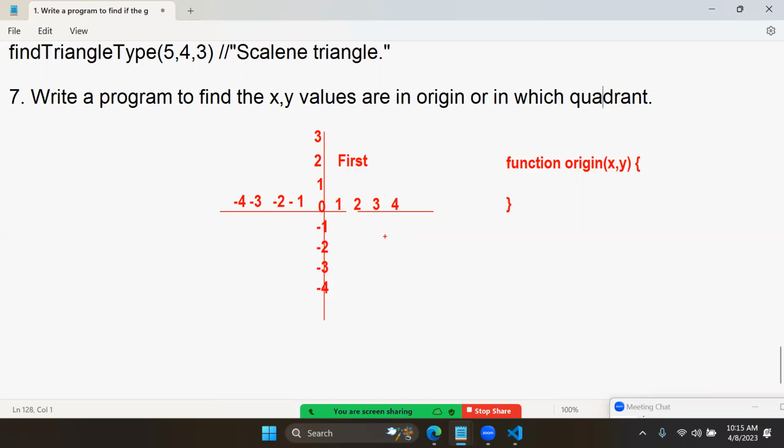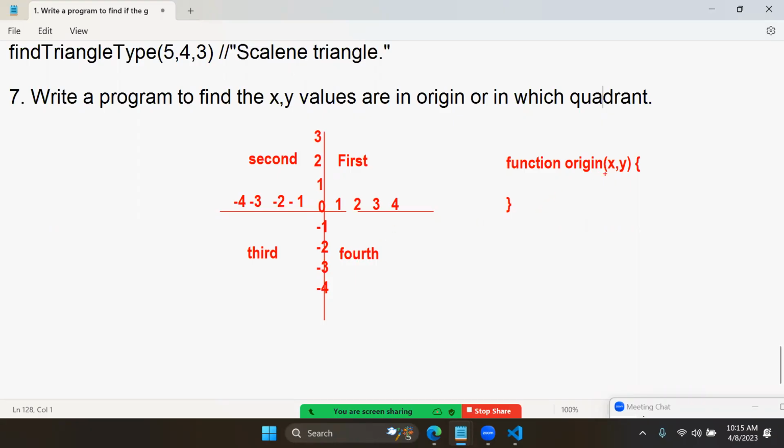The quadrants will be like this. I will upload the diagram. In my machine I have a drawing of all this. It will be counterclockwise. So this is second, this is third, and this is fourth.